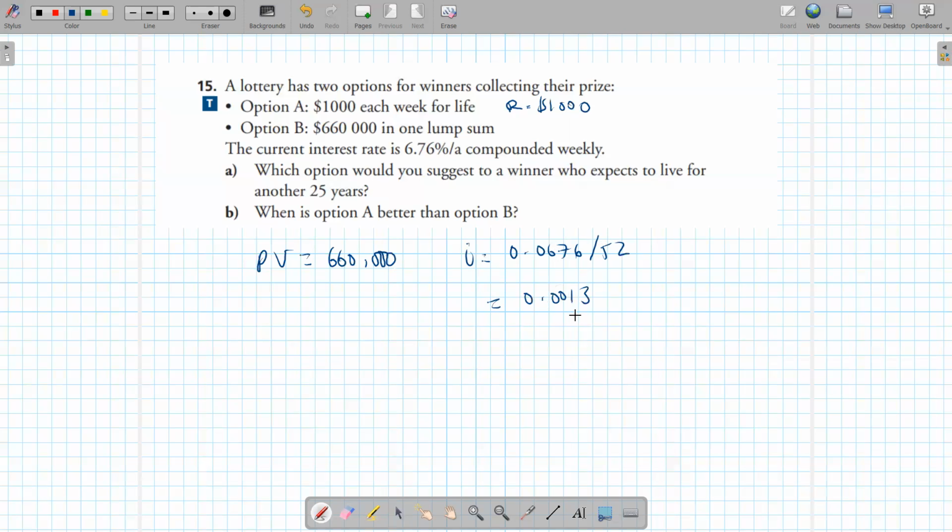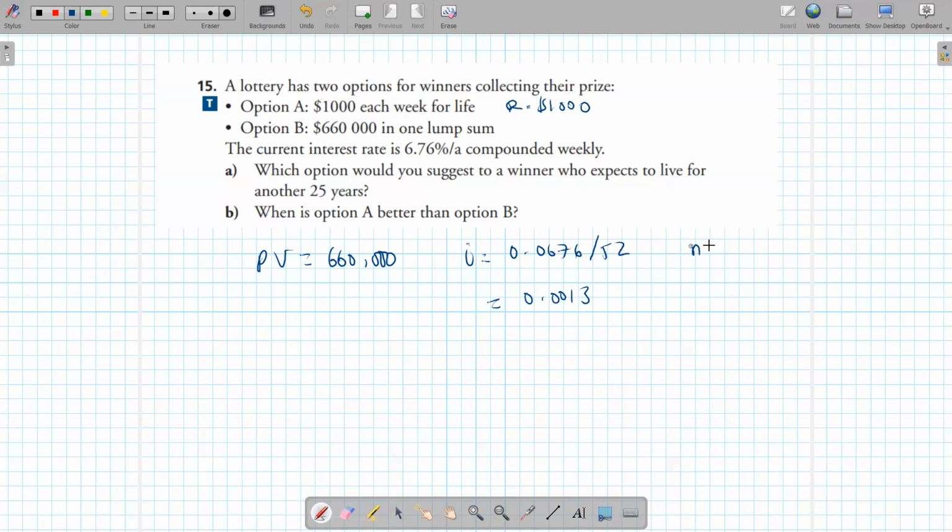Does bi-week mean like 2? It's correct, that is 2. So 26? Yes. So people get paid bi-weekly, okay? All right, so that's your I value.